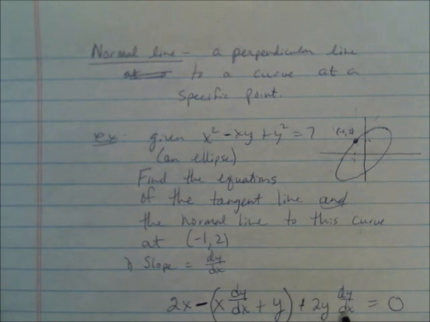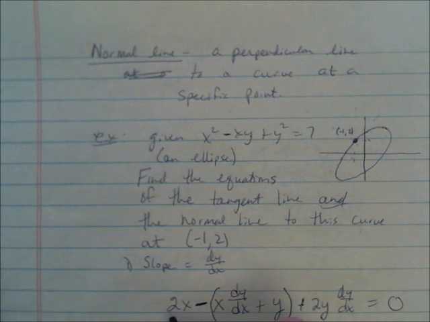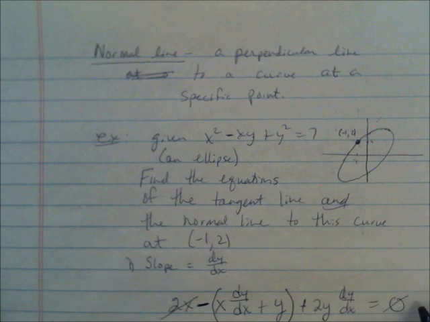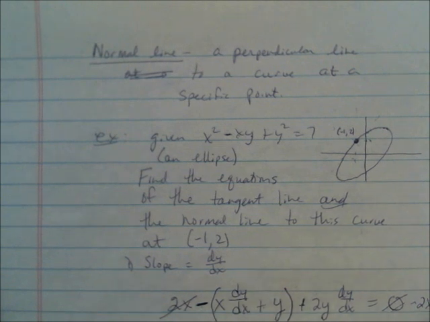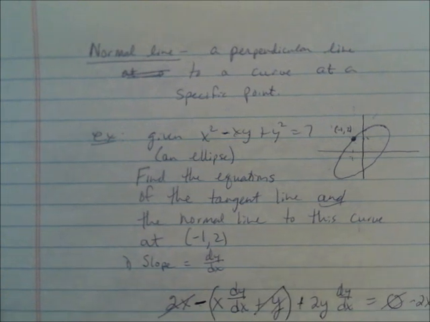Now what I want to do is keep the dy/dx terms on the left and put everything else on the right. So we're going to subtract 2x from both sides, so 0 minus 2x is negative 2x. This is a minus y, so we're going to add y to both sides, and that will get rid of that y.